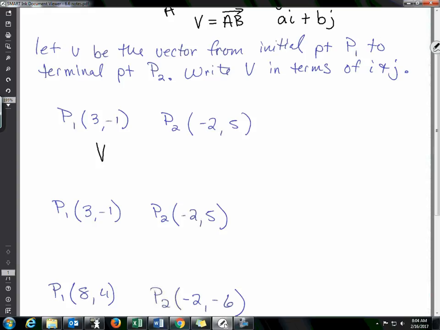So your formula or your process is really simple. This is like a coordinate plane, so x and y, x and y. I'm going to take my x's from my starting point to my ending point.